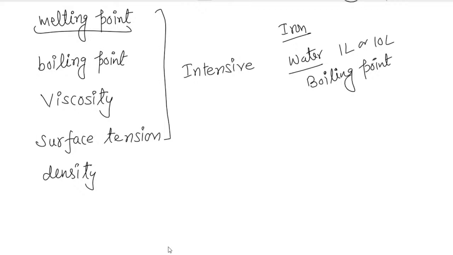Water at 1 atmosphere pressure, its boiling point remains 100 degrees Celsius. Volume may be 1 liter or 10 liter or 100 liter, whatever it is. Only heat is different. Okay, amount of heat absorbed is different. But boiling point and melting point remain same.